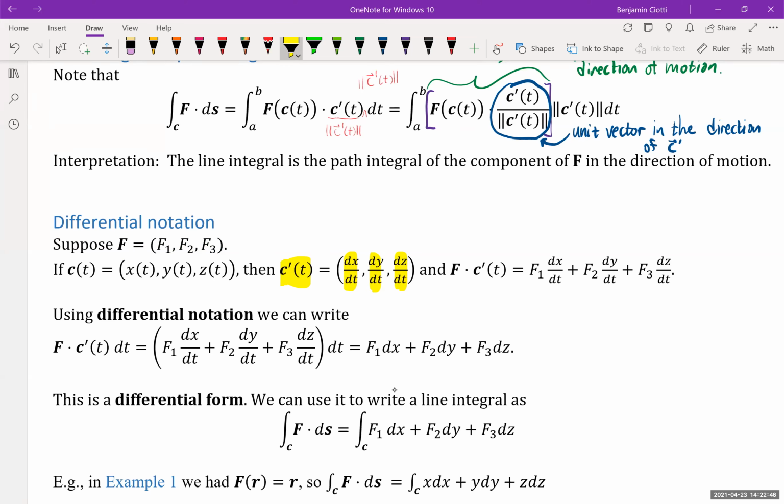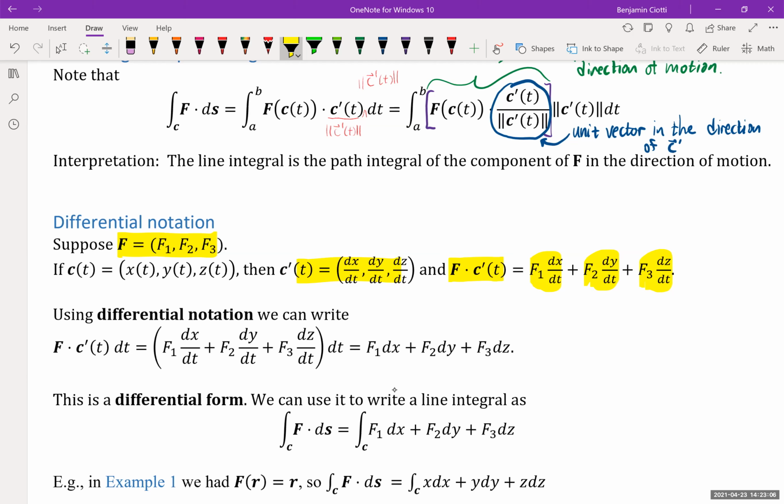So if I dot the velocity vector with the vector field F, well, that's the dot product of this vector and this one. I get F1 dx/dt, F2 dy/dt, and F3 dz/dt.